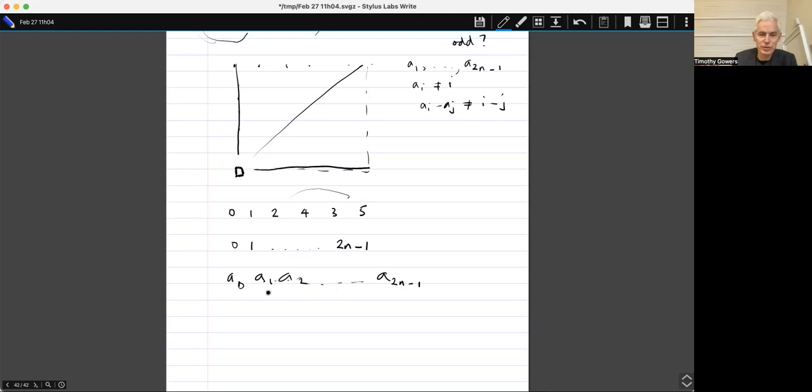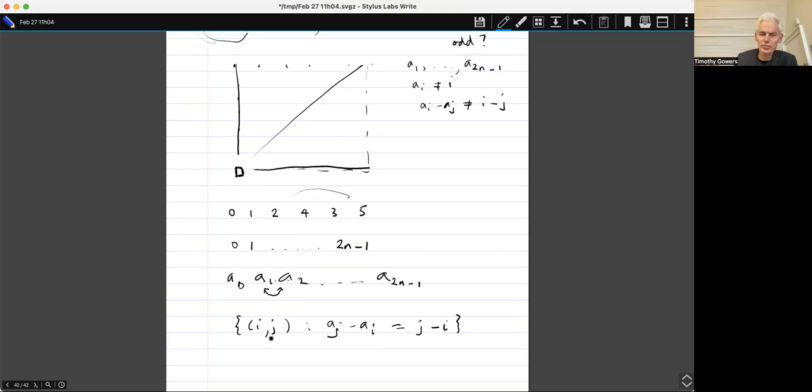So if I swap a_1 and a_2, what effect is that going to have on the number of pairs? Well, let's just have a look at the set of (i, j) such that a_i minus a_j, perhaps it's slightly easier to think of a_j minus a_i equals j minus i.